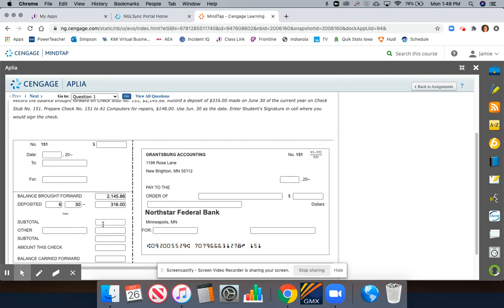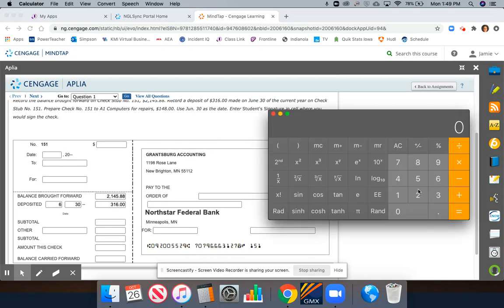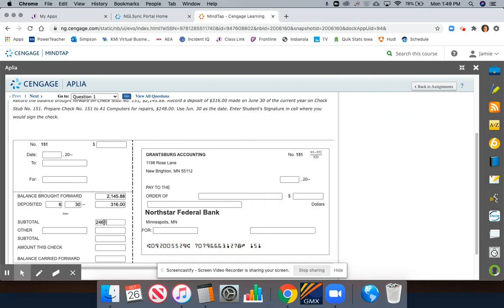One deposit, so our subtotal is just $316. $2,145 plus $316, so you may need a calculator. So our subtotal would be what we started with plus our deposit. So now our new subtotal is $2,461.88.